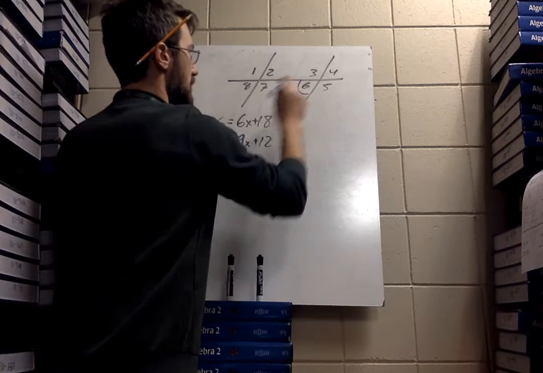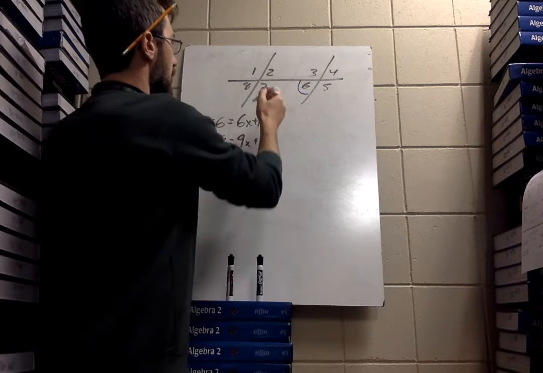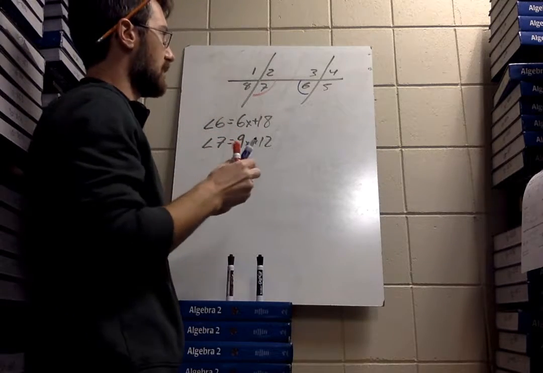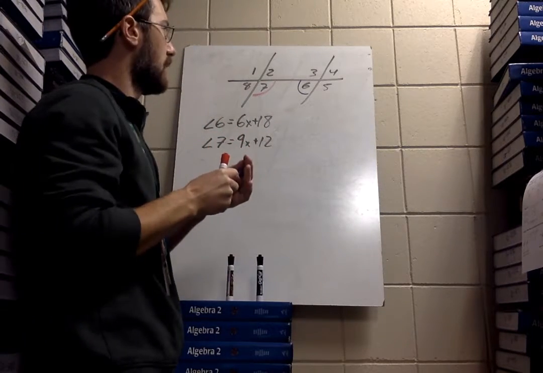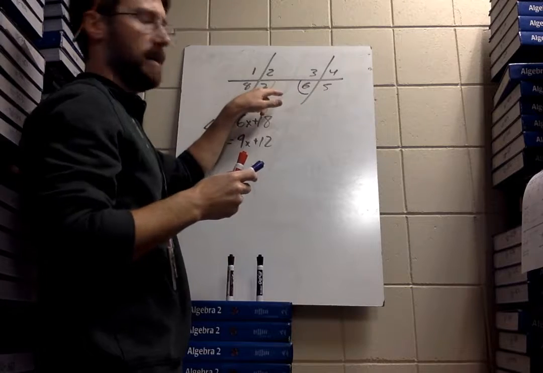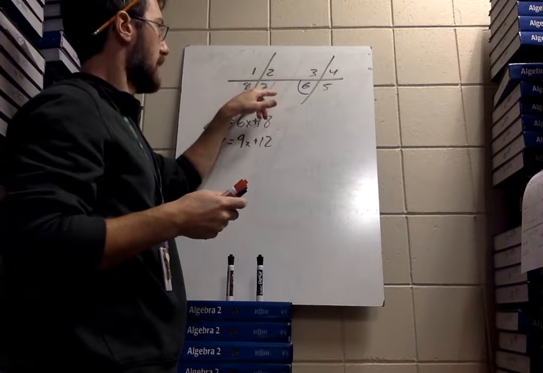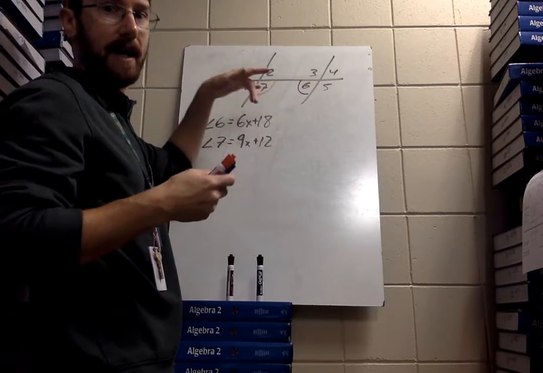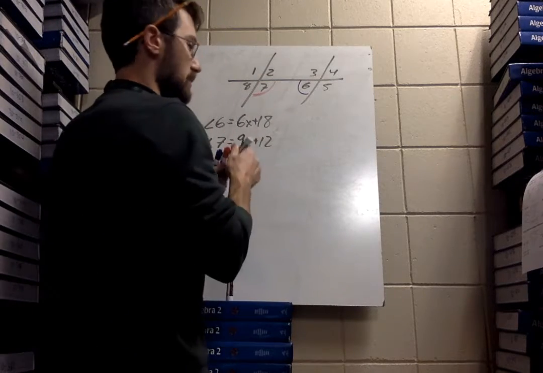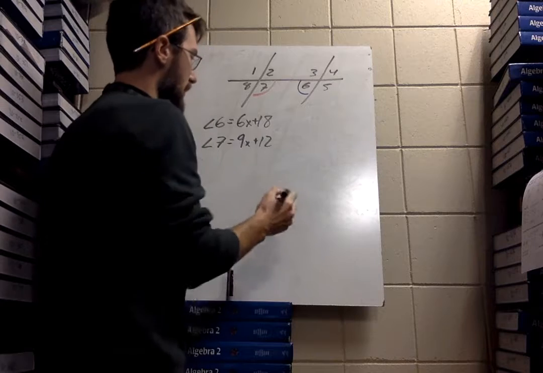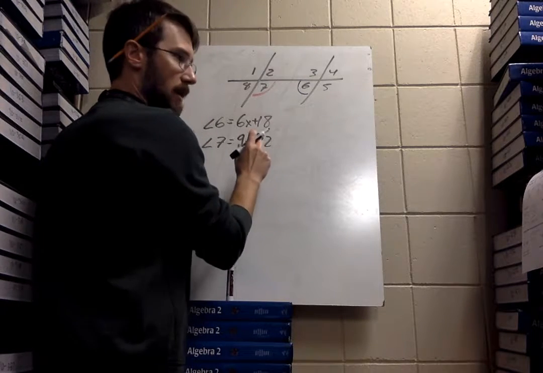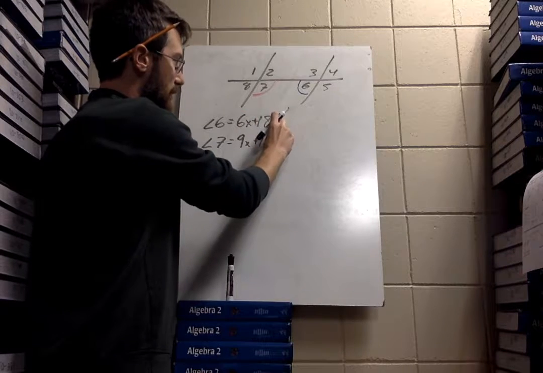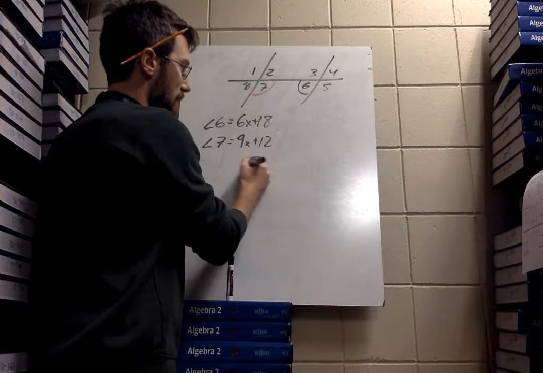Angle 6 appears to be acute, and angle 7 appears to be obtuse. Those are two different colors in the color chart. It's an acute and an obtuse, a little and a big, and they're also same side interiors, which I know add up to 180. So now we're going to do the same thing that we did before in a previous example for angle TUS, except now with slightly bigger equations.